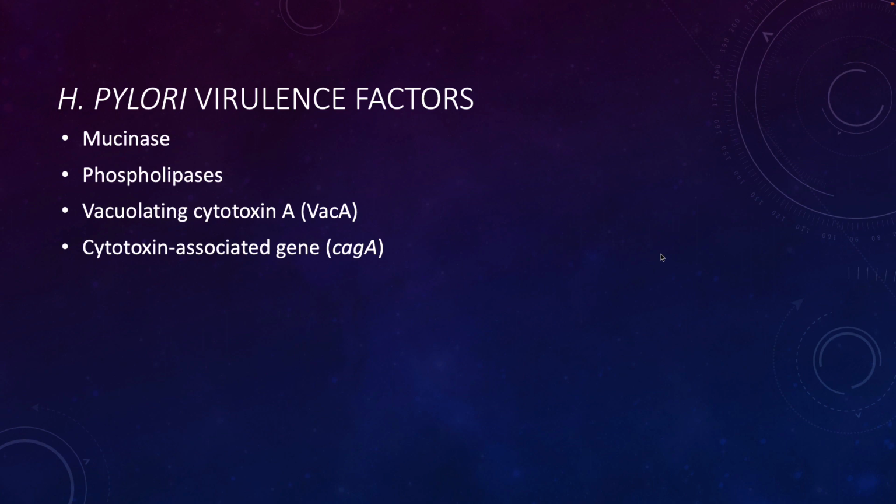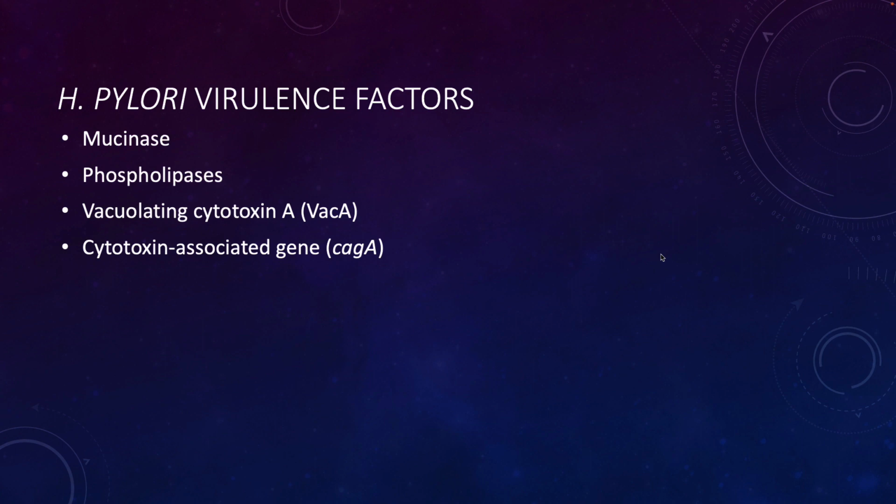There are a number of genes under the control of various regulators that are expressed during infection. Another one is cytotoxin-associated gene. So all of this taken together hopefully begins to give you some idea of how Helicobacter can cause ulcers.